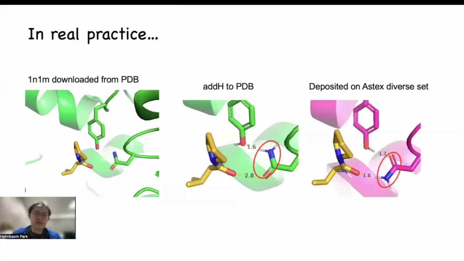And this is an example that this flipping can happen quite often. This is what is deposited in the PDB. And because this ligand part here cannot have hydrogen, this interaction between asparagine and ligand becomes highly electrostatically negative.